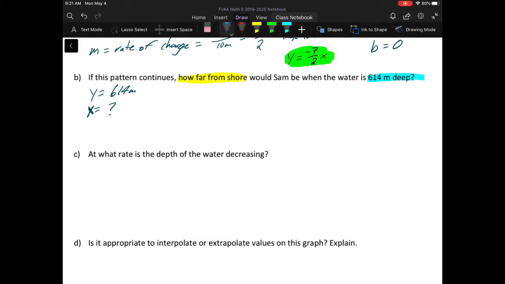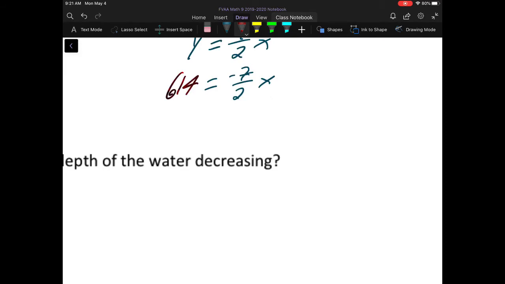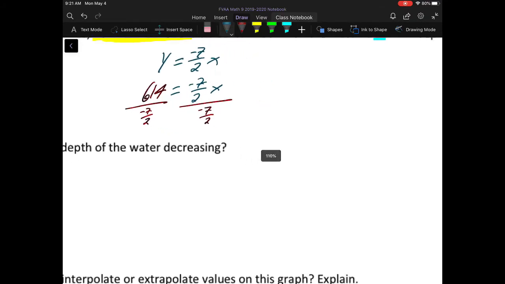So here I'm going to substitute. I have my equation of y is equal to negative 7 over 2 x, and I'm going to substitute 614 in the place of y, and then solve for x. So I'm going to divide both sides by negative 7 over 2.